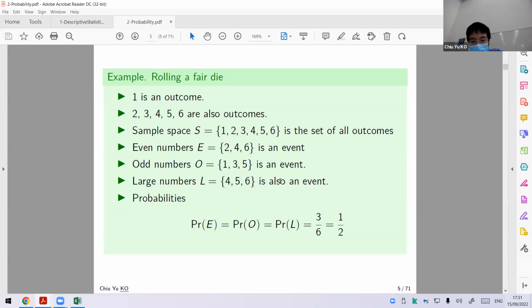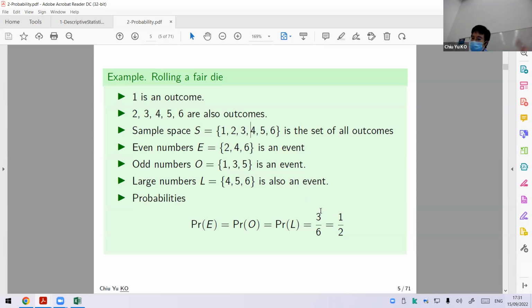And the probability of even, odd, and large: because it is a fair die, that means each number would appear the same number of times if you keep rolling it.